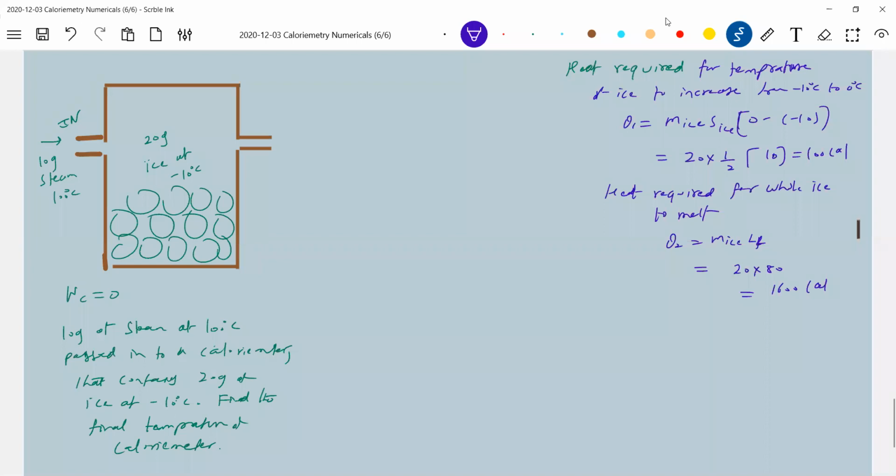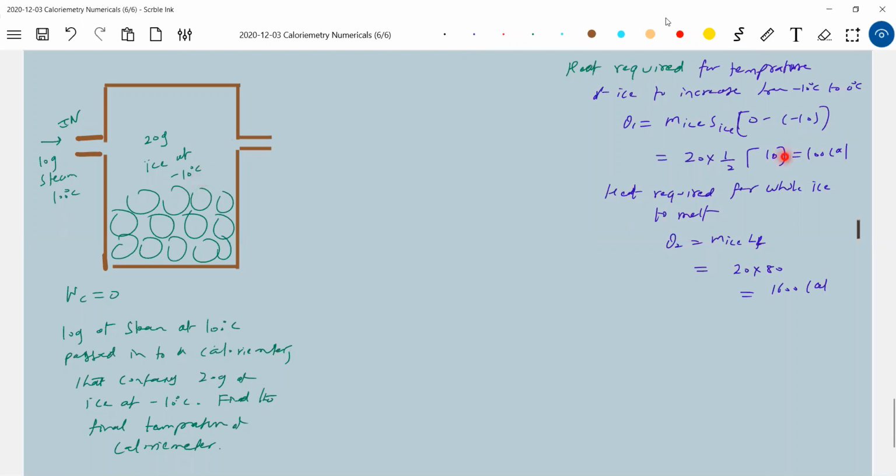Okay, for steam condensing, if all the steam condenses, let's see what will happen. 5400 calories is available, no? If all the steam condenses, 10 into 540, 5400 is available. So how much did we need? Just 1700. So what do you expect temperature of calorimeter? Should increase to 100.